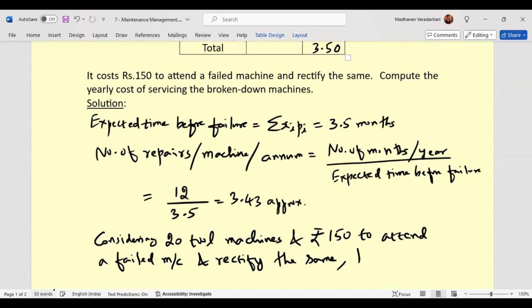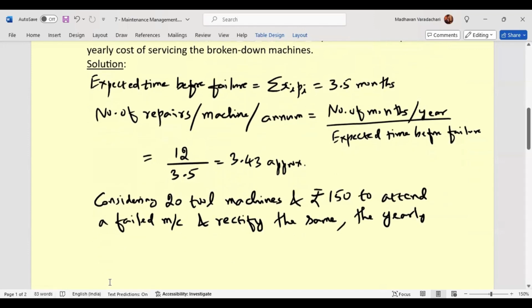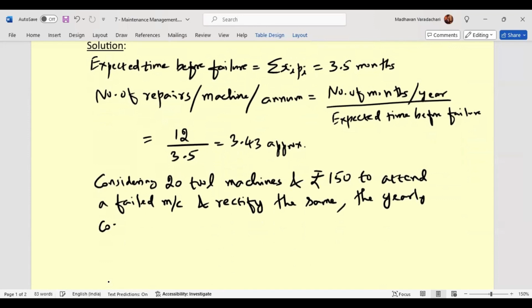the yearly cost of servicing will be, we'll keep it as it is, 12 by 3.5 because that is coming into decimals, into 20 such machines into 150 for servicing.